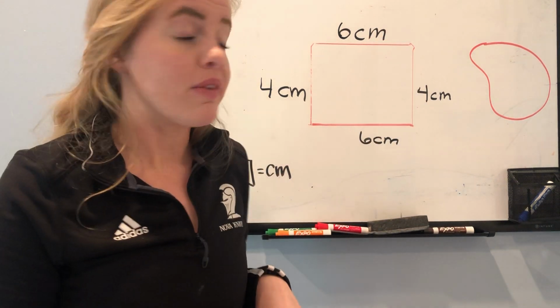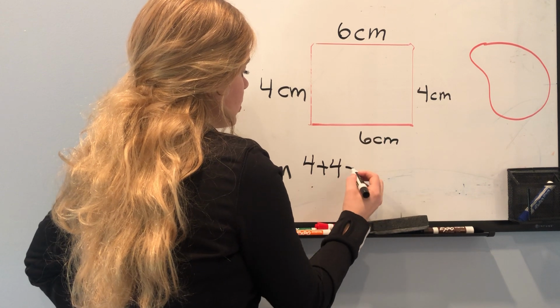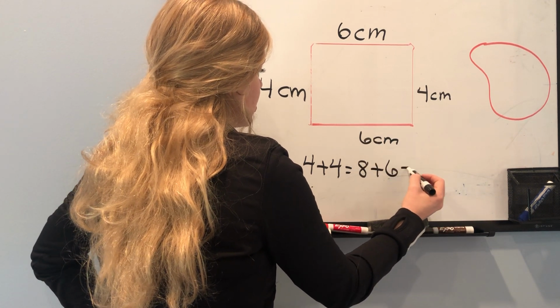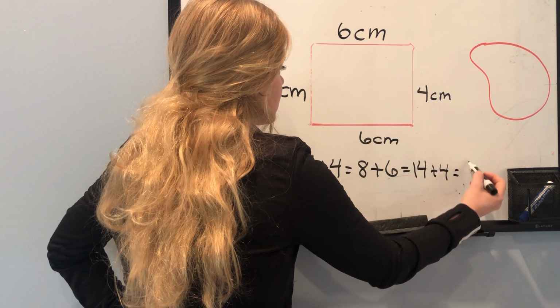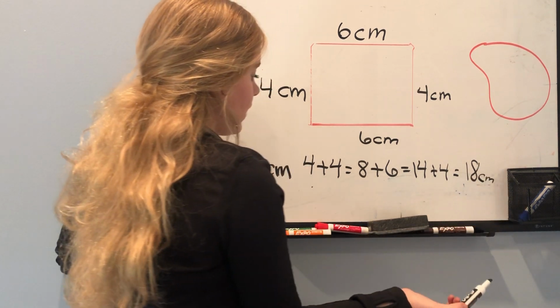So to find the perimeter of this one, we would do 4 plus 4, which is 8, plus 6, which is 14, plus 6, which is 20.